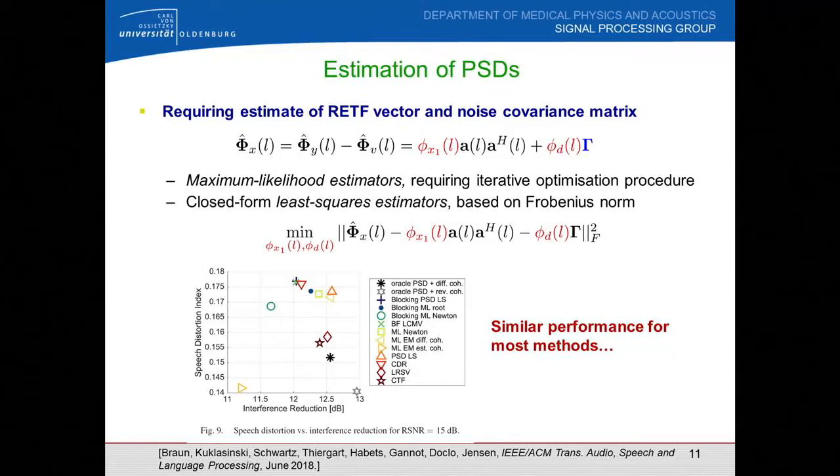But you could also say in a positive way, they all worked quite well, but they all worked very similar. So if you're interested in these estimators, I would say in this paper there's quite a nice overview, also giving the relationship between these different estimators.